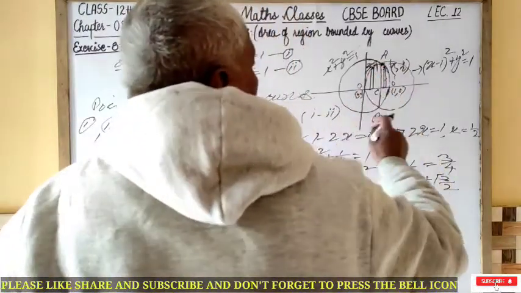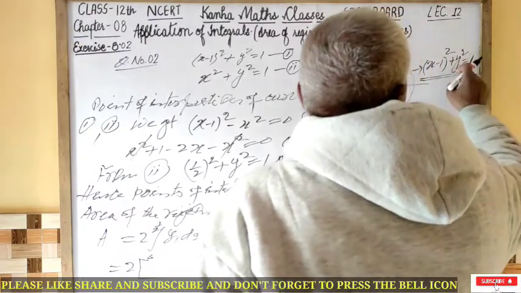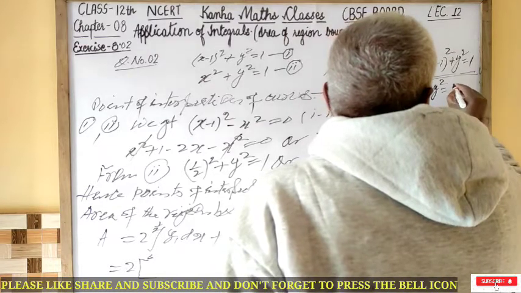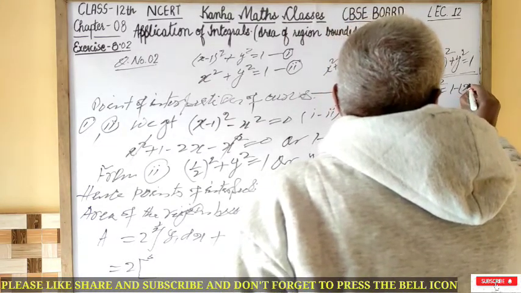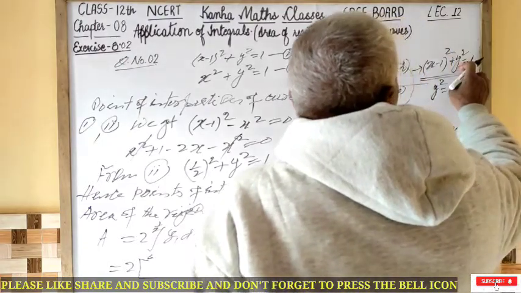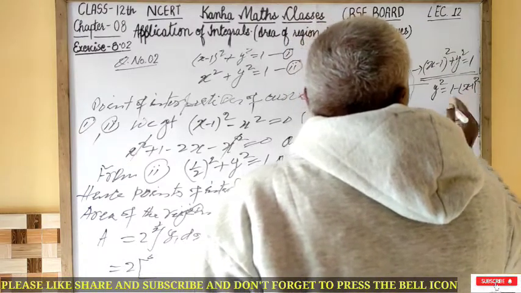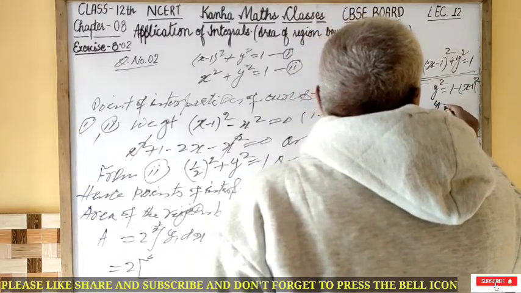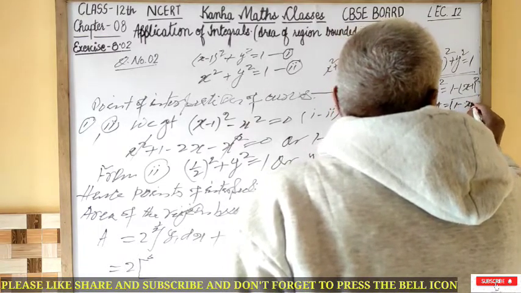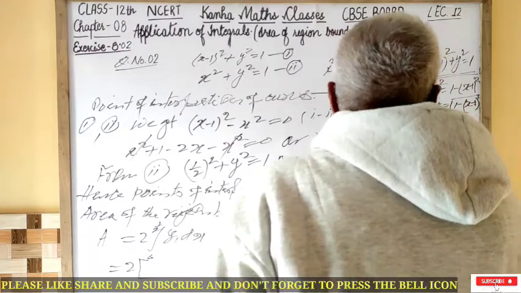here this point y1 means this equation: y square is equal to 1 minus (x minus 1) whole square, that is y is equal to under root 1 minus (x minus 1) whole square.